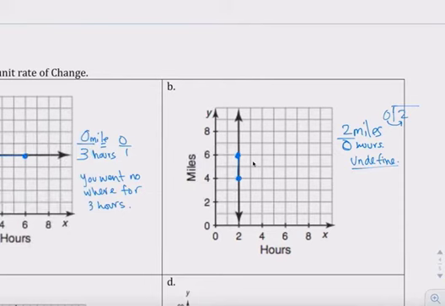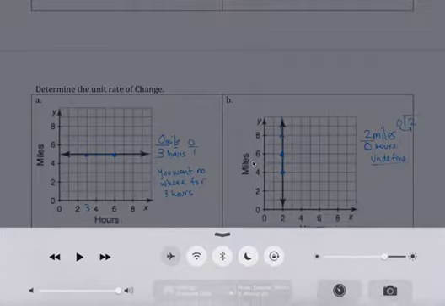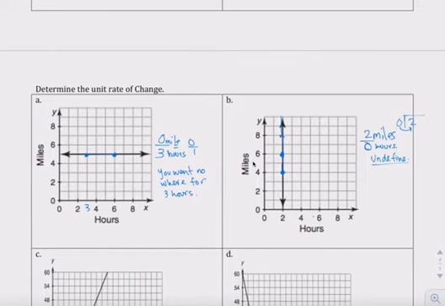It's not possible if you go 2 miles in 0 hours. Nothing's happening. Can't go further and further. So 0 miles. So this is called undefined, all right? That was thrown in there.